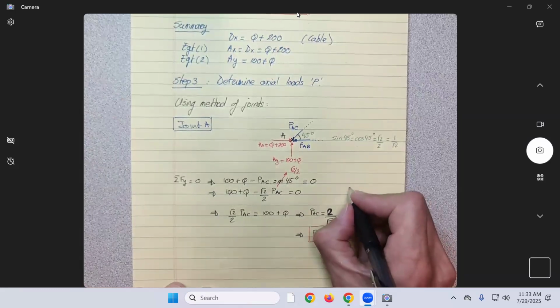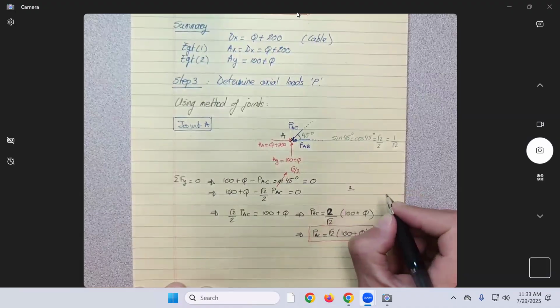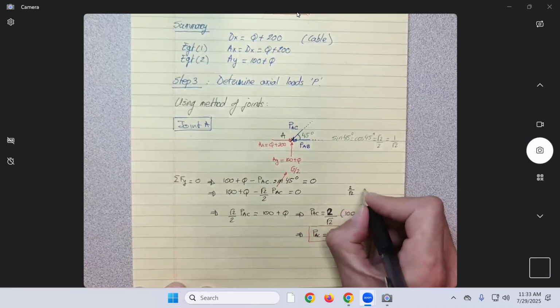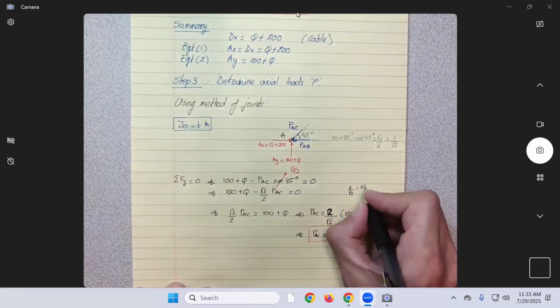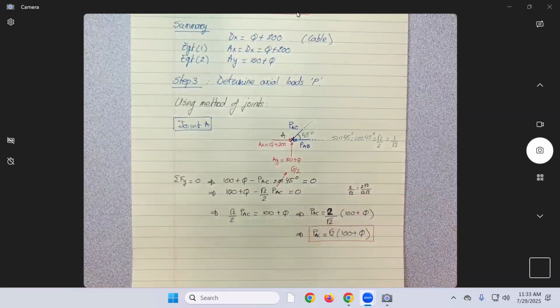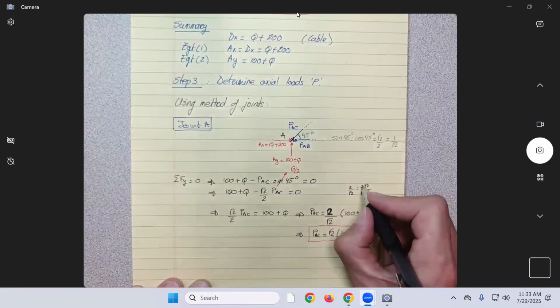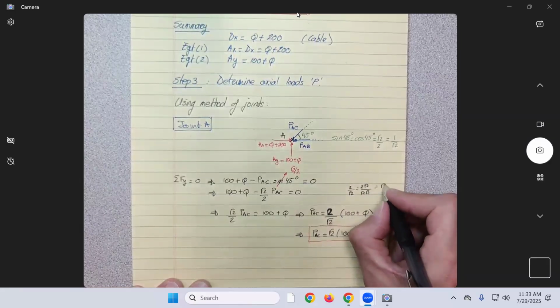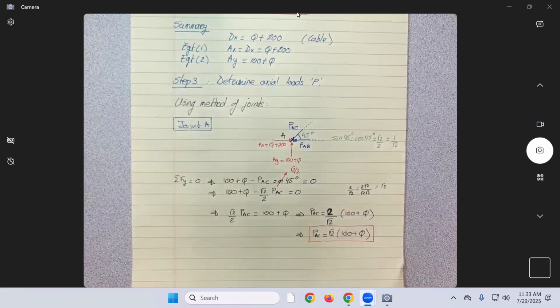No, if you do 2, I just can't tell what that number is. Square root of 2 will give you what? 2 square root of 2 divided by square root of 2 times square root of 2 will give you what? Yeah, just square root of 2. Okay, that's what I did. Was that your question? No, I just couldn't see the number because you scratched it. Oh, this is 2. Yeah, sorry.